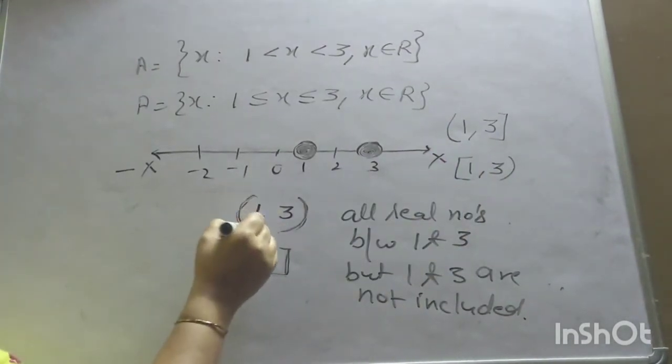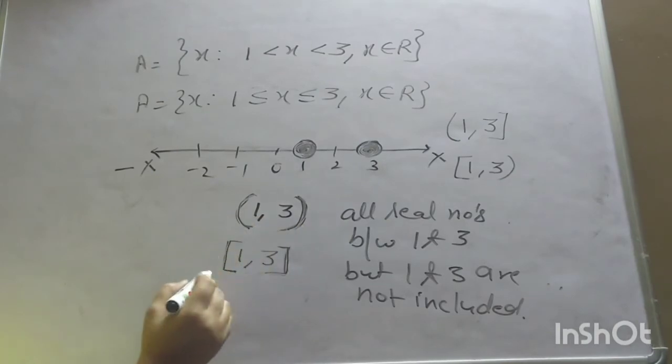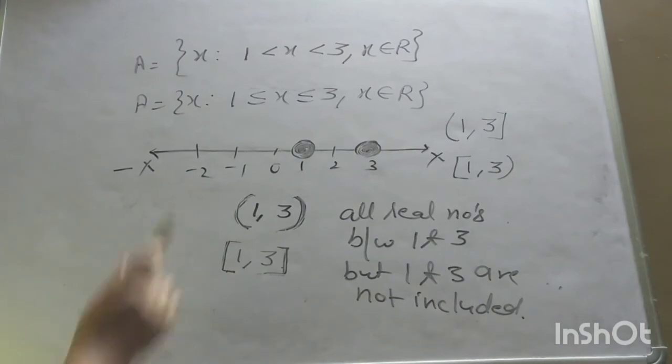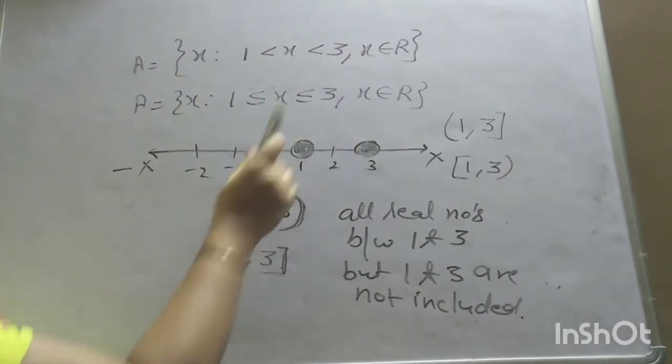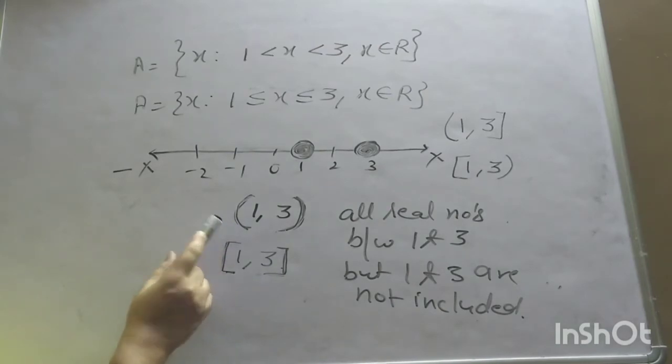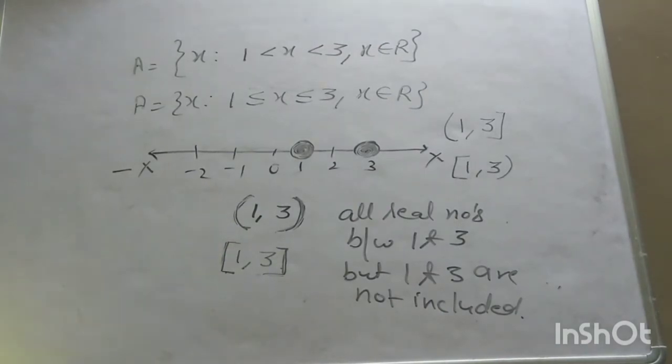So this bracket means open interval, this bracket means closed interval. So in this way, we can represent any set in closed interval and in open interval for real numbers.